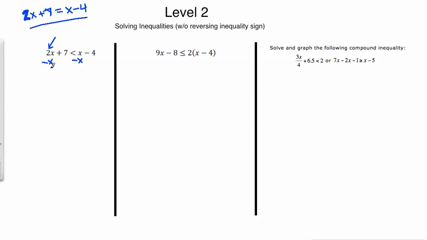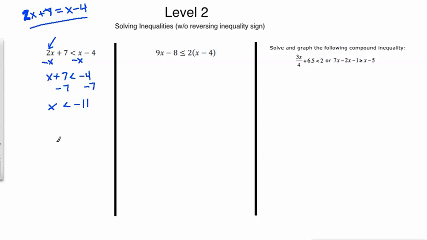That gives us x plus 7 on the left is less than -4. Then we're going to subtract 7. So x is less than -4 minus 7, which is -11.